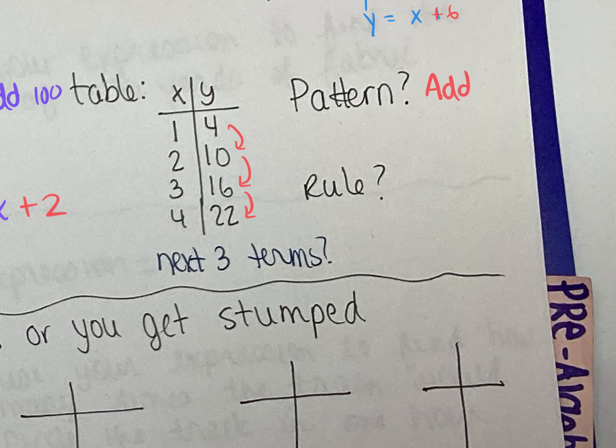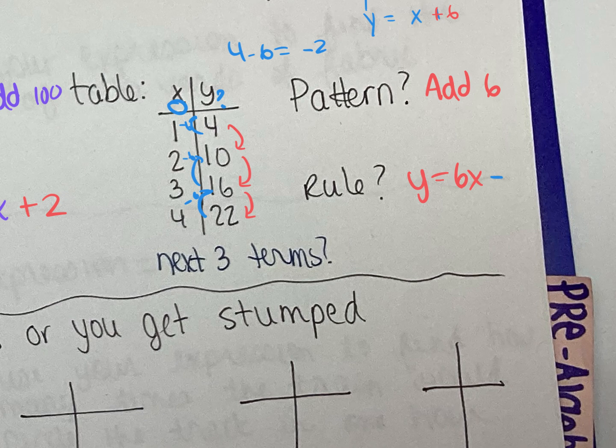I'm adding 6. Therefore, it's going to say y equals 6x. Who matches 0? If I back it up to 0, what number goes here? If I back it up, I'm subtracting 6, subtracting 6, subtracting 6. 4 minus 6 is negative 2.